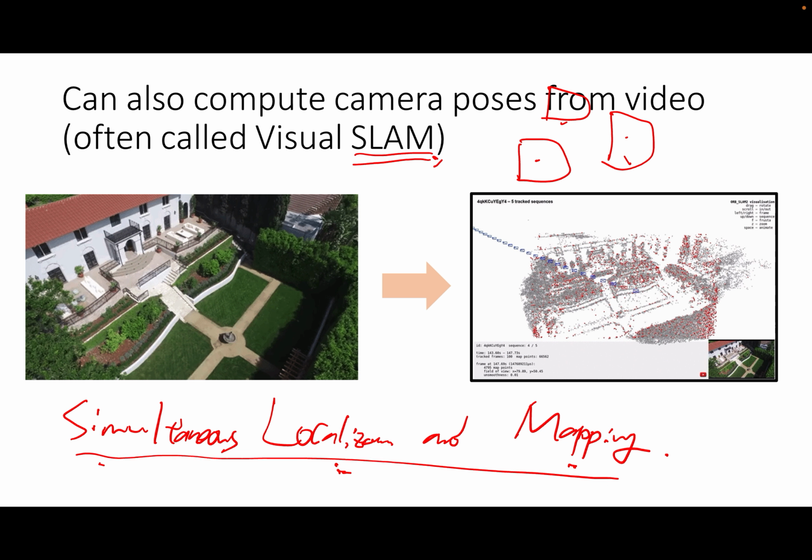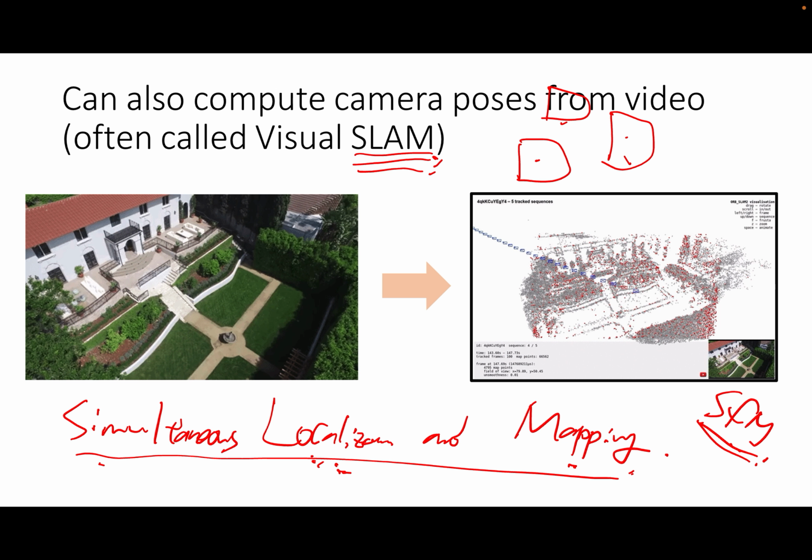This is very similar to structure from motion actually. In structure from motion, we try to get camera parameters and 3D geometry at the same time. This is almost the same. If we get camera parameters, then that is localizing the camera in the world coordinate system. At the same time, we try to get 3D geometry from images. So structure from motion and SLAM are very similar, but usually SLAM refers to an online algorithm. Online means images keep being streamed.